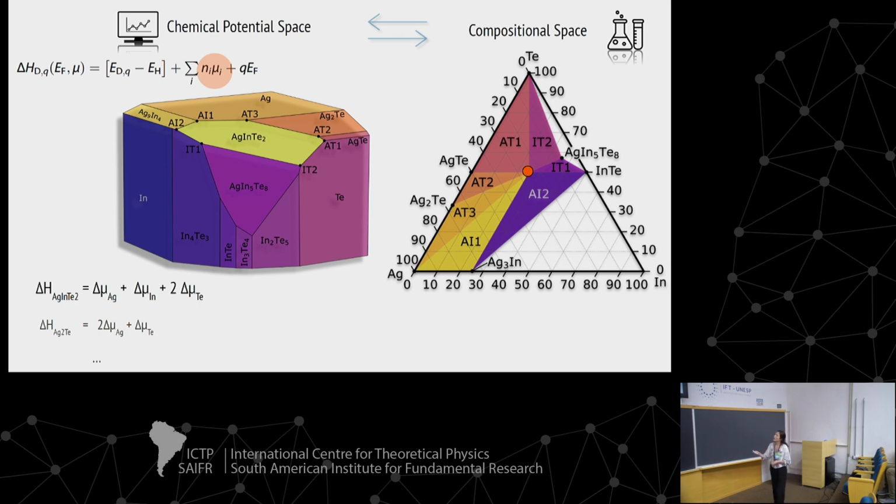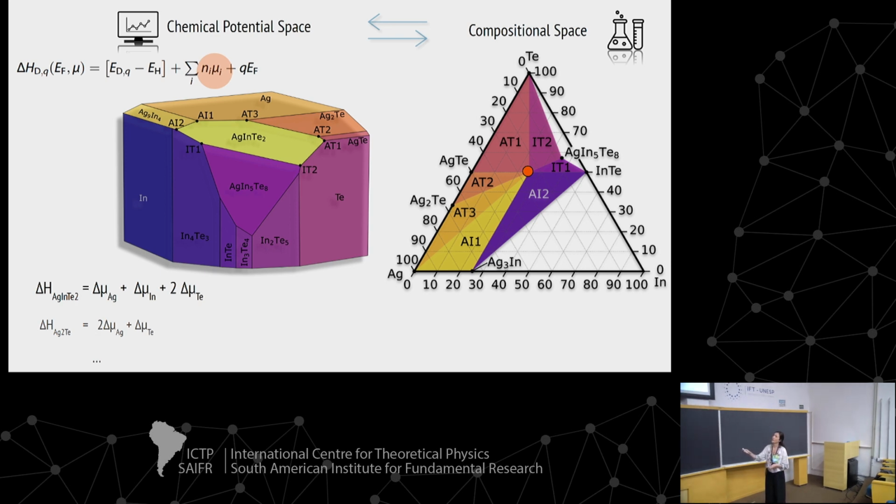For instance, if you look at this point here, which is again a 3-phase equilibrium point, or sometimes also called an invariant point, we can see that it's a region where the planes of 3 compounds meet each other, silver indium ditelluride, tellurium, and silver telluride, which is basically the region that I just mentioned to you.